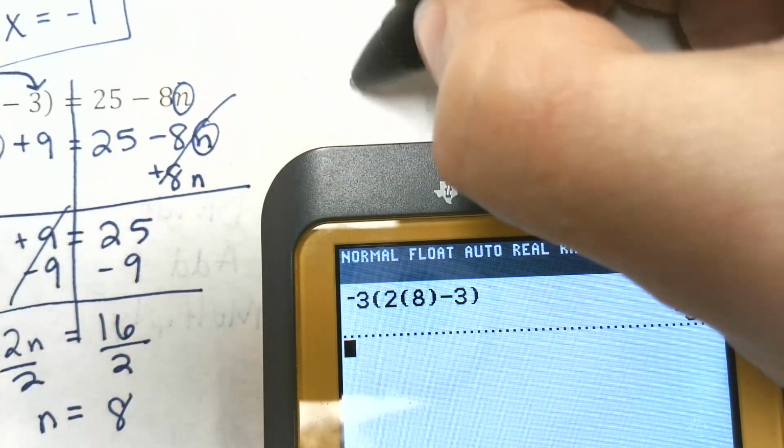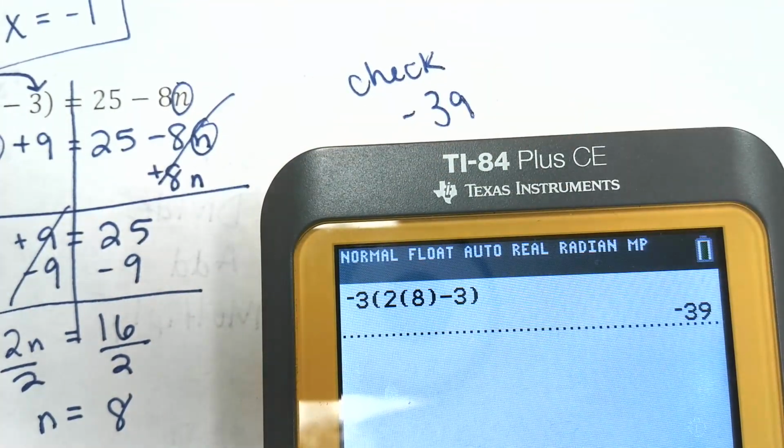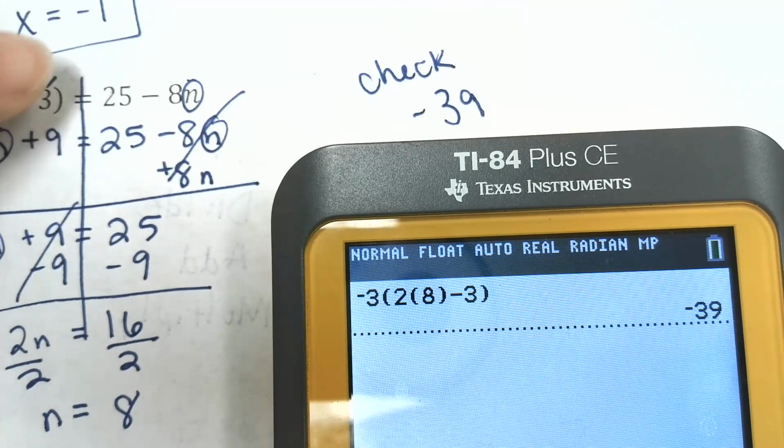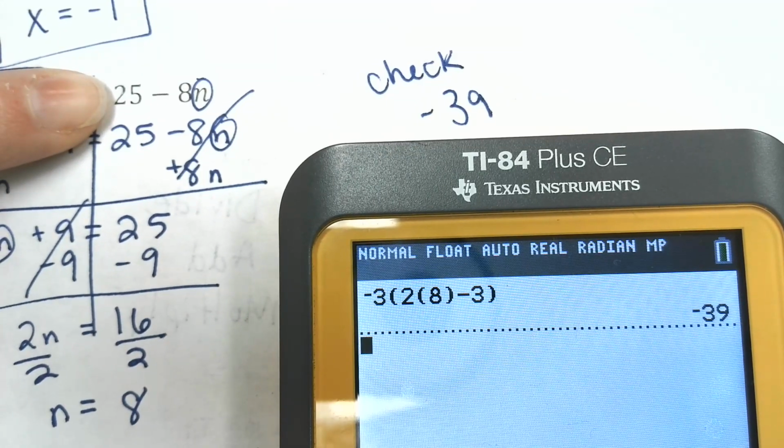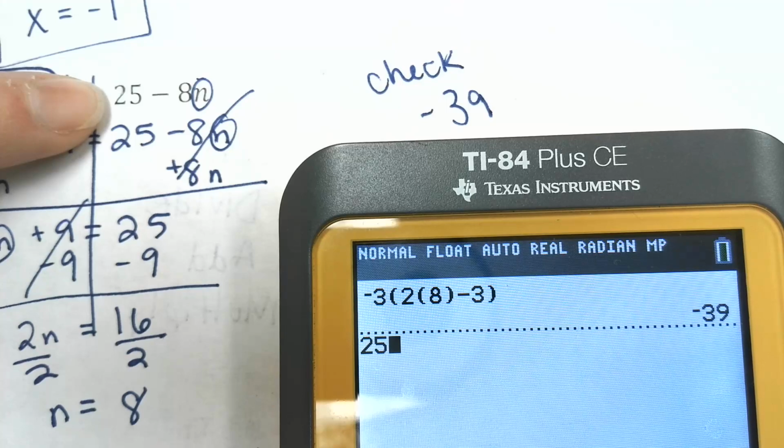So I'm saying check. Whenever I plug it in, I get a negative 39. So I also need to plug it in over here and see if I get a negative 39. Did I do everything right? Okay. So 25 minus 8 times 8.